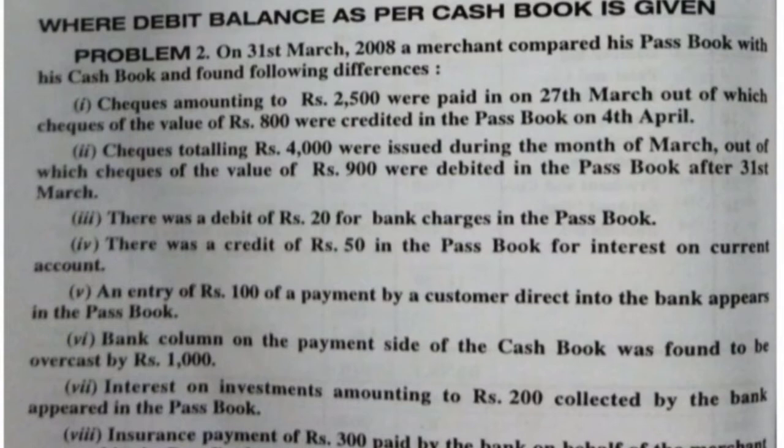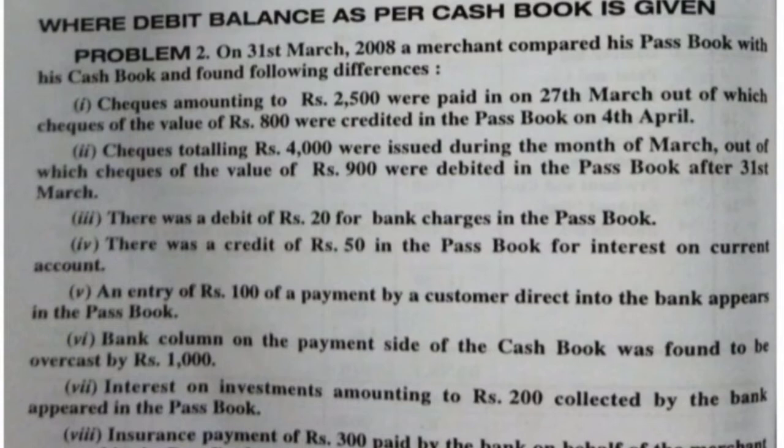If a receipt is not recorded, it means it is showing the reduced balance. Otherwise our passbook would have shown 800 more, so that our balance would get increased by 800. So the passbook is showing reduced balance. That is the reason we need to deduct it from the balance as per cash book. Am I clear with the first one? Shall we go to the second one?